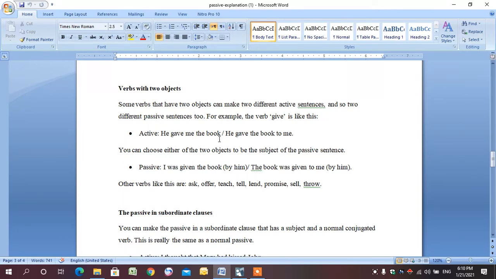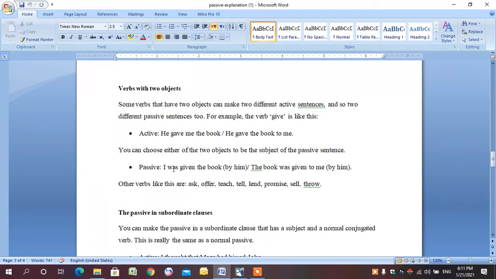Now if you wanted to start with the object, the book, so you say the book, and then again you put verb to be in the past tense, because you have the verb here gave in the past. So you put was, the book was, and then you change the verb into the past participle, which is given. So the book was given to me by him. Okay?